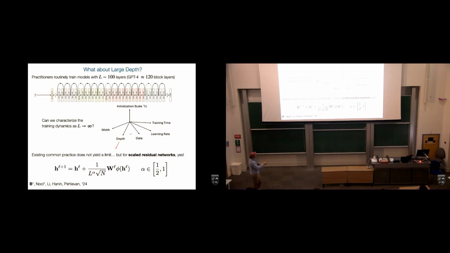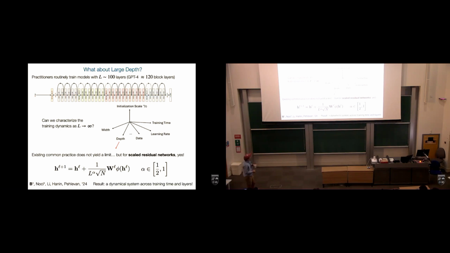So you have these weights W here that we're going to start at random and then train. We're going to look at configurations of this system where L to the alpha is downscaling the residual branch, and this alpha is some number between 0.5 and 1. We're going to have different limits depending on what alpha we choose and different descriptions of the dynamics.